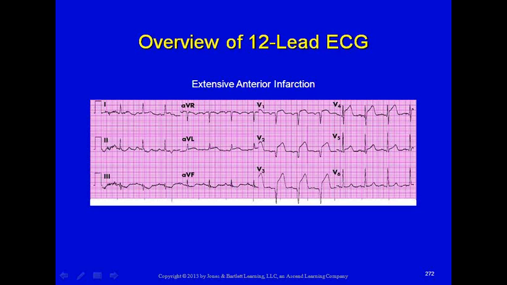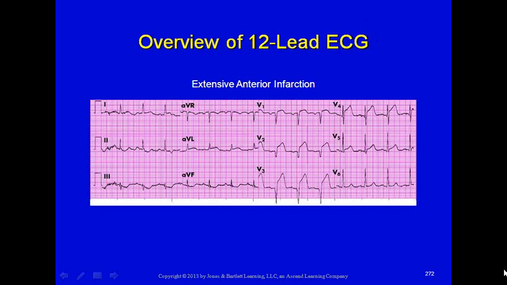And you see the ECG paper laid out here. We've mentioned this already, on a 12-lead ECG, it's always laid out this way: lead 1, lead 2, lead 3, AVR, AVL, AVF, V1, V2, V3, V4, V5, V6.